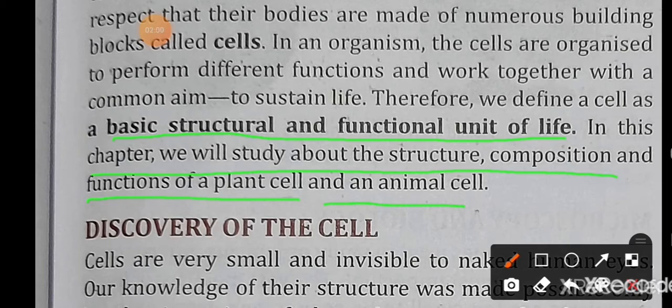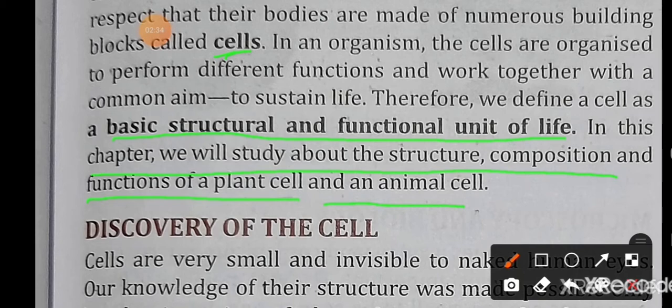So, in the living world, innumerable types of plants and animals are present. That means a lot of plants and animals are present. It shows a large variety and large variations in their external features. That is, they all are different in their shape, size, color and structure, but all of them have some features that are the same, like their bodies are made up of small building blocks called cells.